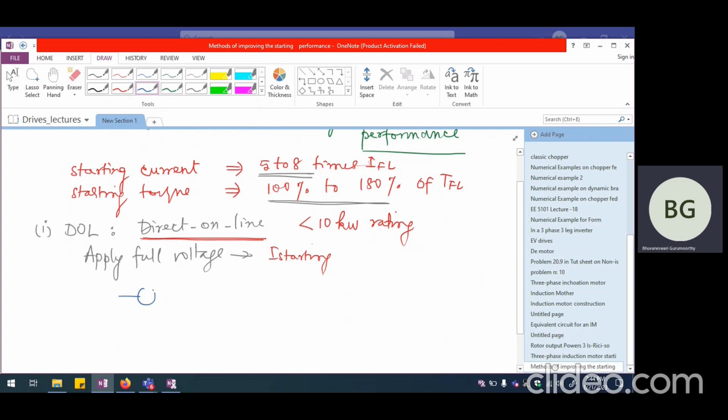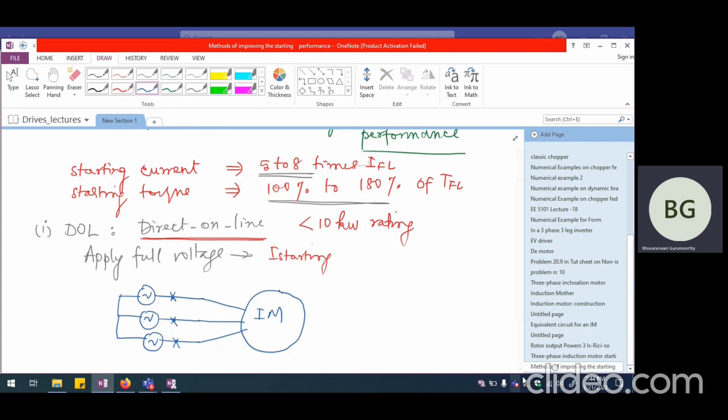This is the three-phase supply which is coming from the power grid, and I'm going to connect the induction motor directly to this grid. Now we might connect other loads also at this point. This is the common point, the incoming power supply point for my factory.